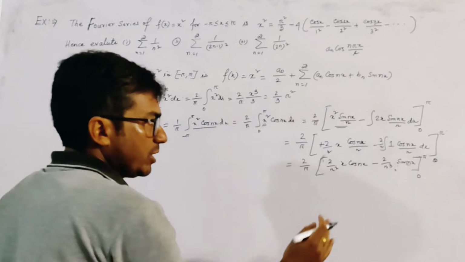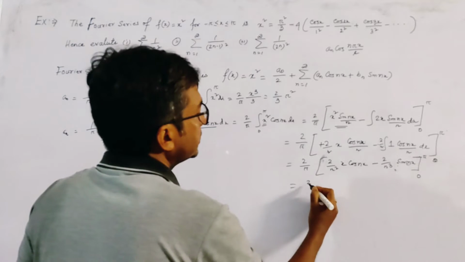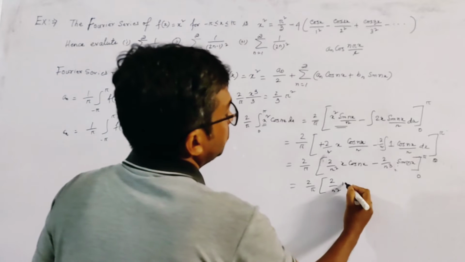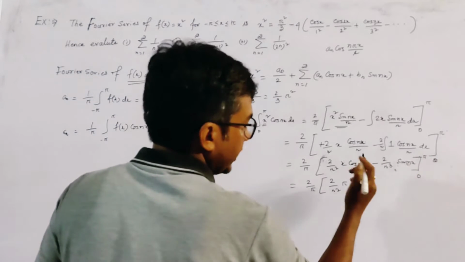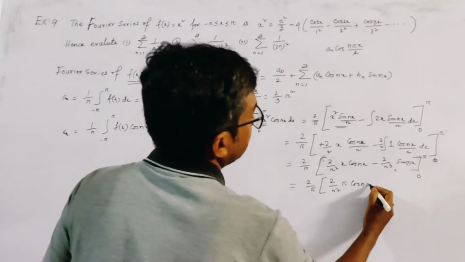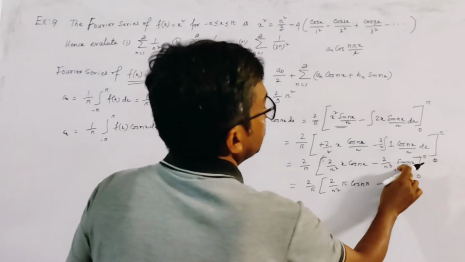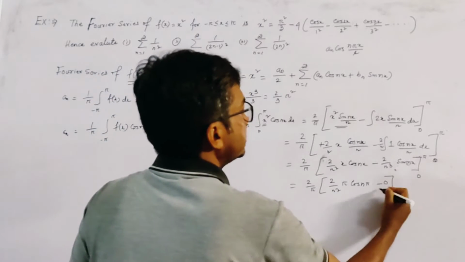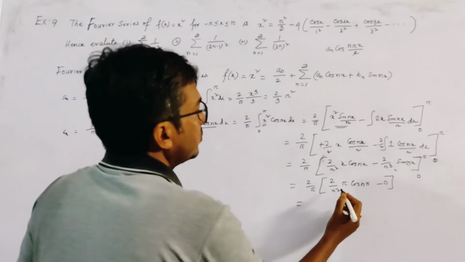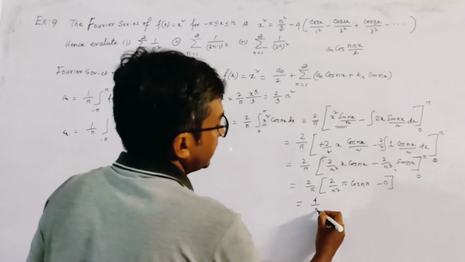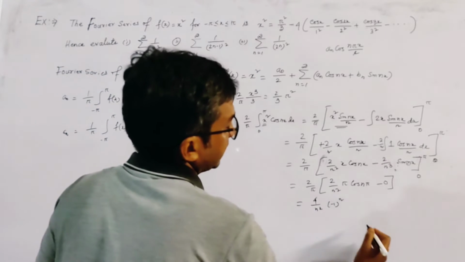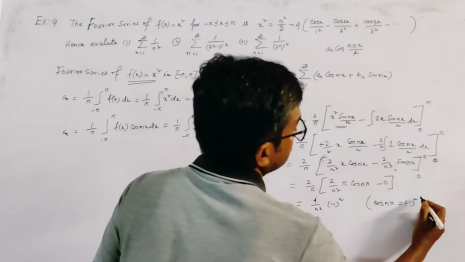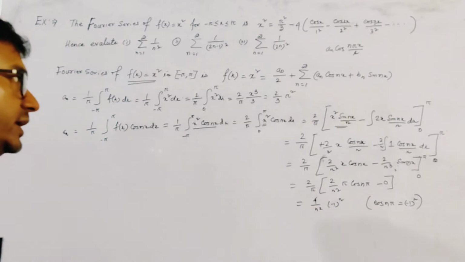By putting the range we get 2 by pi into 2 by n square into pi, we put pi here, and cos n pi minus this is 0 because sin n pi is 0 and sin 0 is also 0, so the contribution of this term is 0, and we get the value 4 by n square into minus 1 to the power n, because cos n pi is equal to minus 1 to the power n, right?